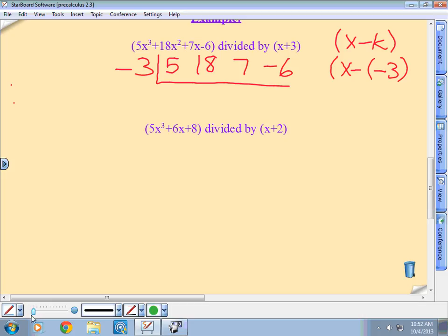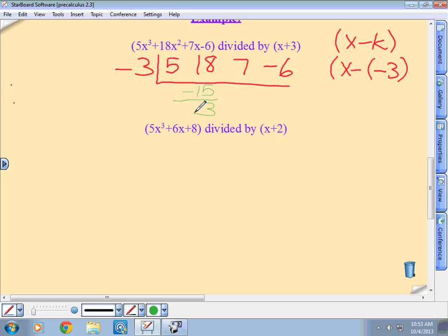5 times negative 3 is what? Negative 15. And 18 minus 15 is 3. What's 3 times negative 3? Negative 9.